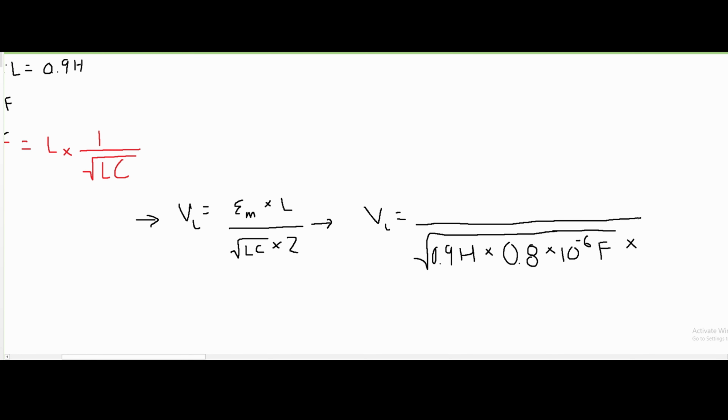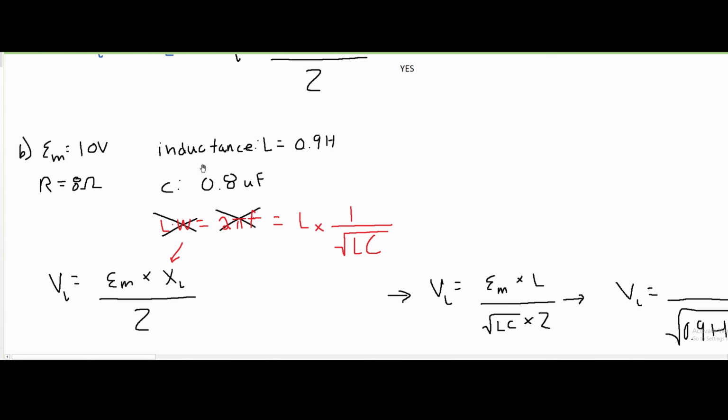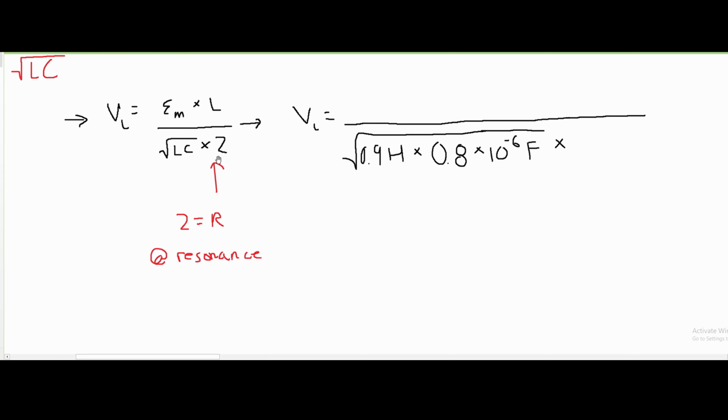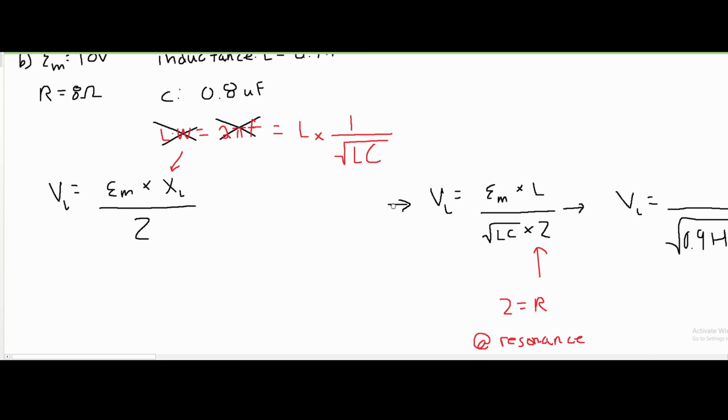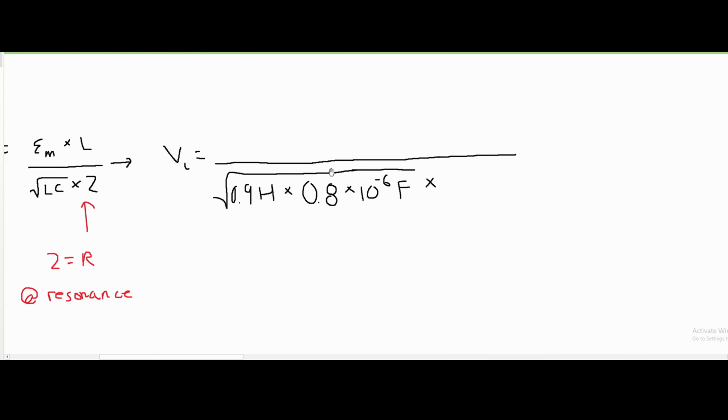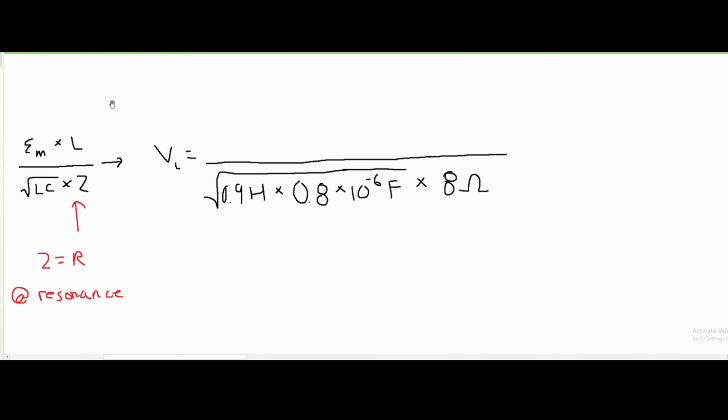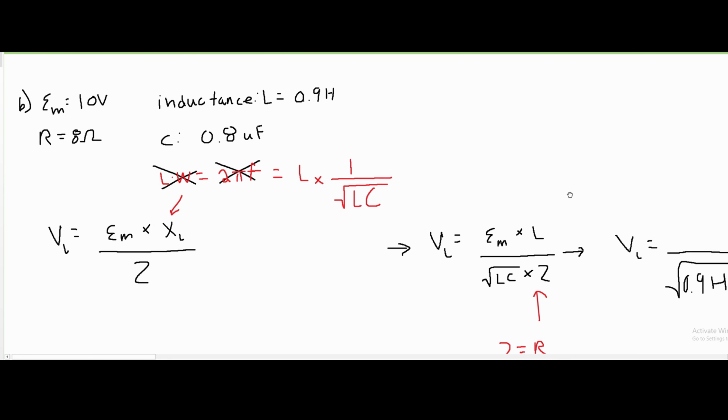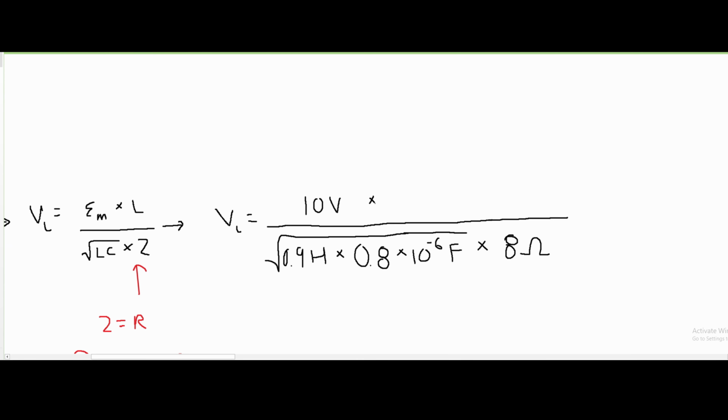And this is going to be multiplied by Z, and Z is equivalent to our resistance. So our Z is equal to R at resonance, and we can just put 8 ohms in place of our Z. Our alternating EMF is given as 10 volts, and we need to put an L up here, which is 0.9 henries.